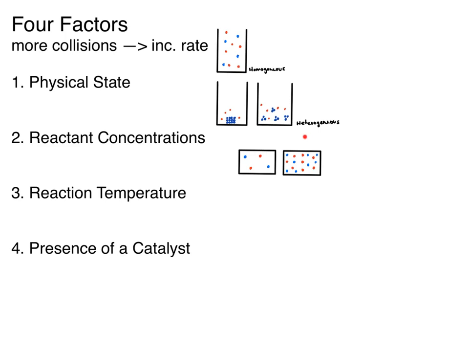So the reaction container that has a higher concentration of reactants is typically going to experience a higher rate of reaction than those that have less. For most reactions, if you increase the concentration of your reactants, you're going to increase your reaction rate.